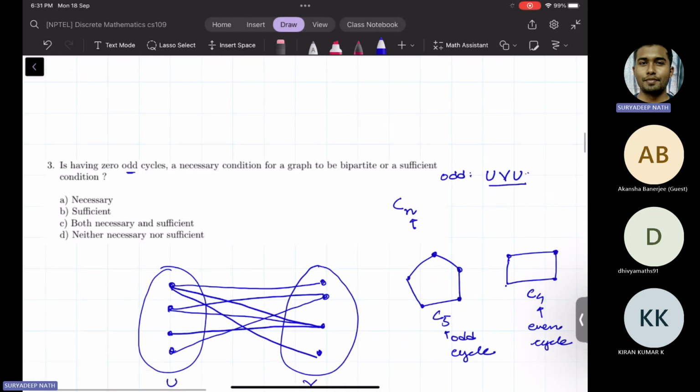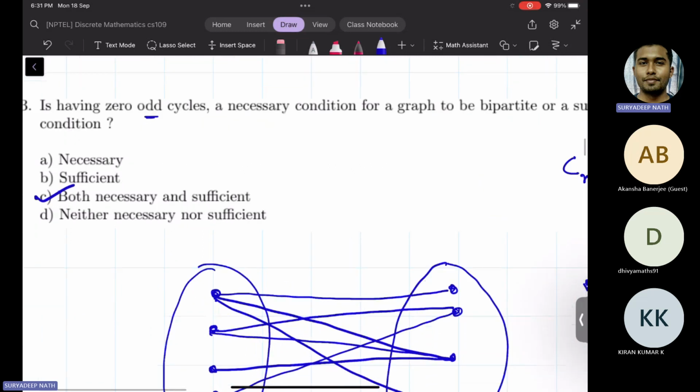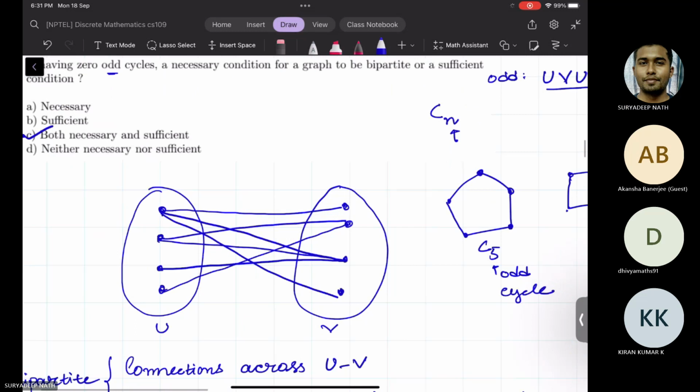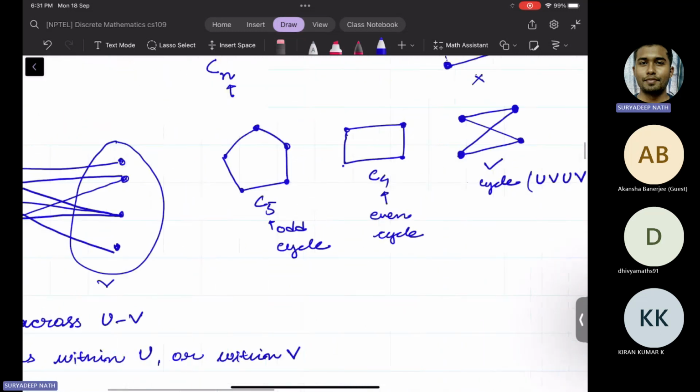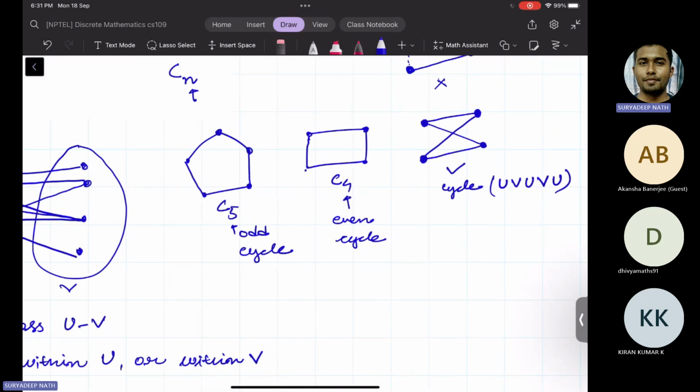So the right answer for this question is that it is both necessary and sufficient. Now we have shown you the necessary part. For the sufficient part, you take any cycle and split it. What is the chromatic number of a cycle? It's either 2 or 3.